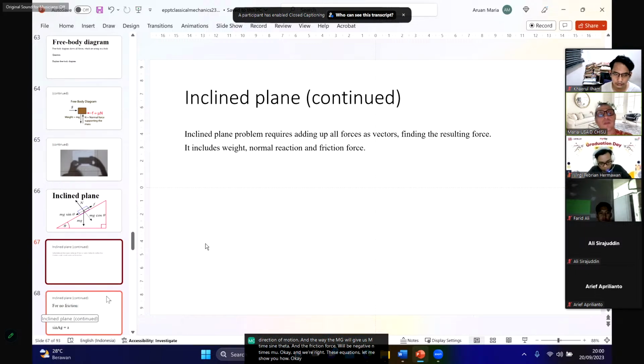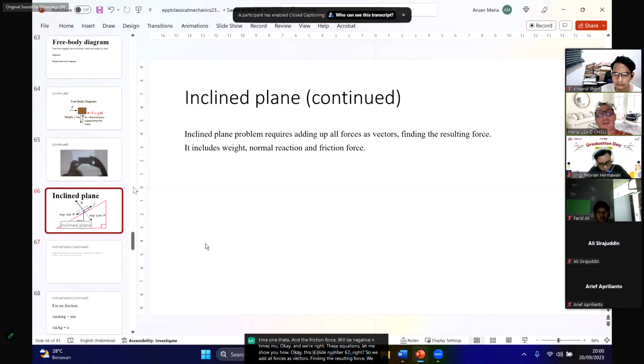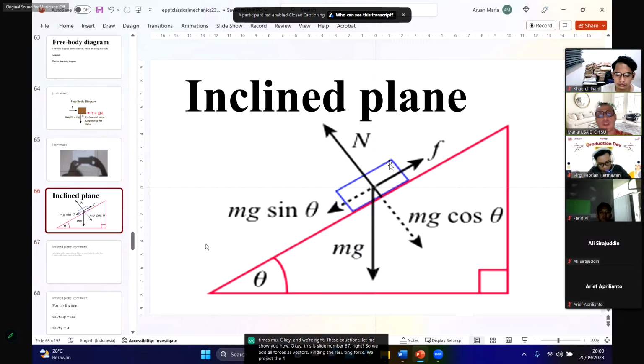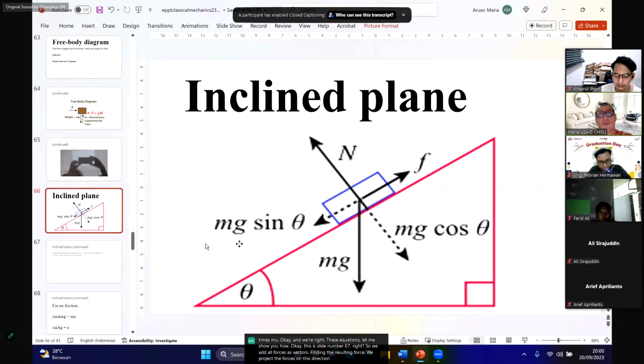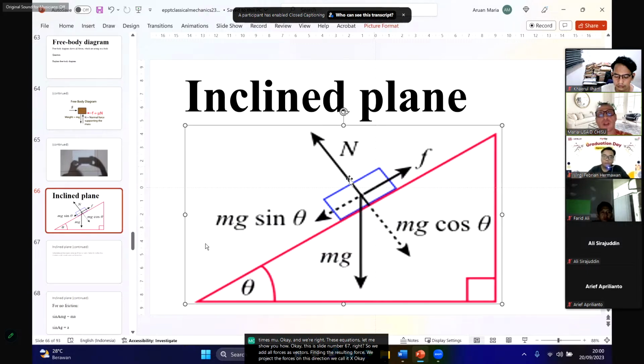Okay, this is slide number 67, right? So we add all forces as vectors, finding the resulting force. We project the forces on this direction, we call it x, direction along the slope, and we call the perpendicular direction towards N, we call it y direction. So here is x, and this is y, okay? So we do projection again on x and on y.